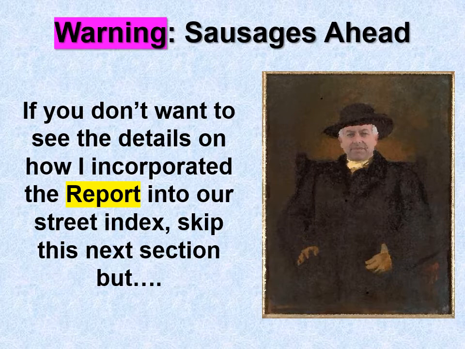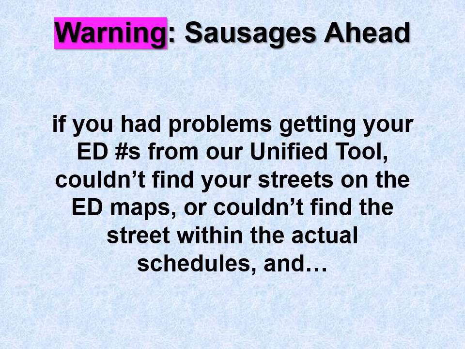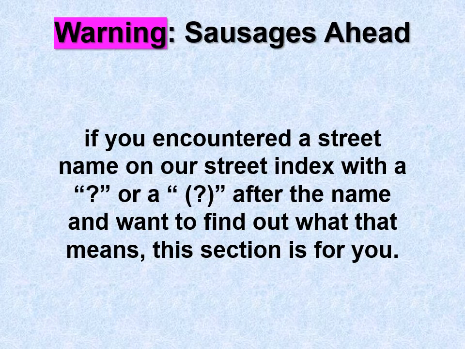But if you had problems getting your EDs from our unified tool, couldn't find your streets on the ED maps, or couldn't find the street within the actual schedules, and if you encountered a street name on our street index with a question mark or a space parentheses question mark after the name of the street and want to find out what that means, this section is for you.